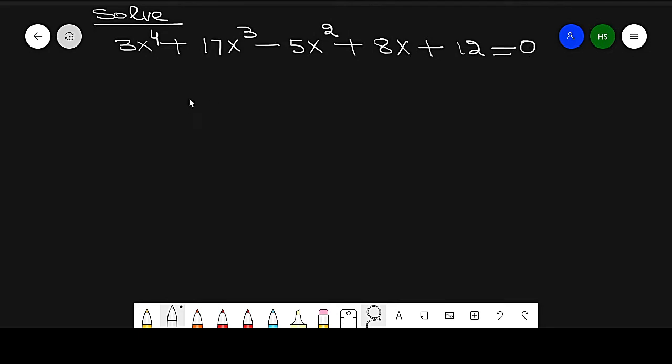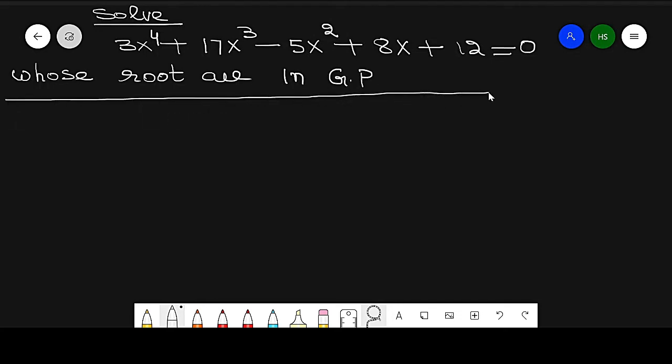This is the given equation, and it is given that the product of roots is equal to unity. Also we can say the roots are in GP. So in a GP, the product of roots is equal to unity. Check that.